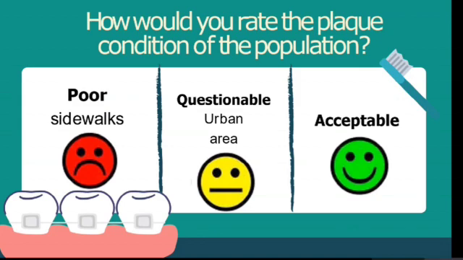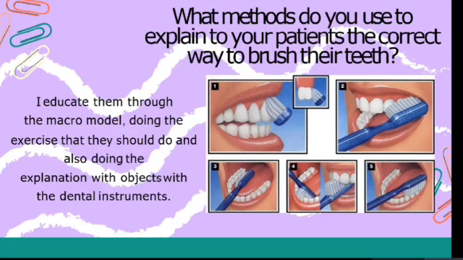And in the urban area, we find an average level since people are able to access oral hygiene items more easily. Okay, what methods do you use to explain to your patients the correct way to brush their teeth? Okay, first, I educate them through the macro model, doing the exercise that they should do, and also doing the explanation with objects, with the dental instruments.